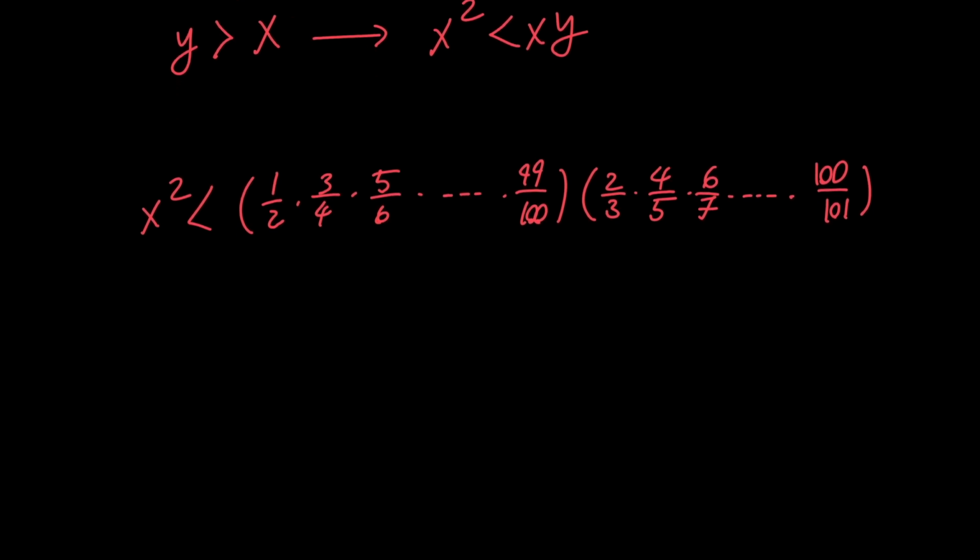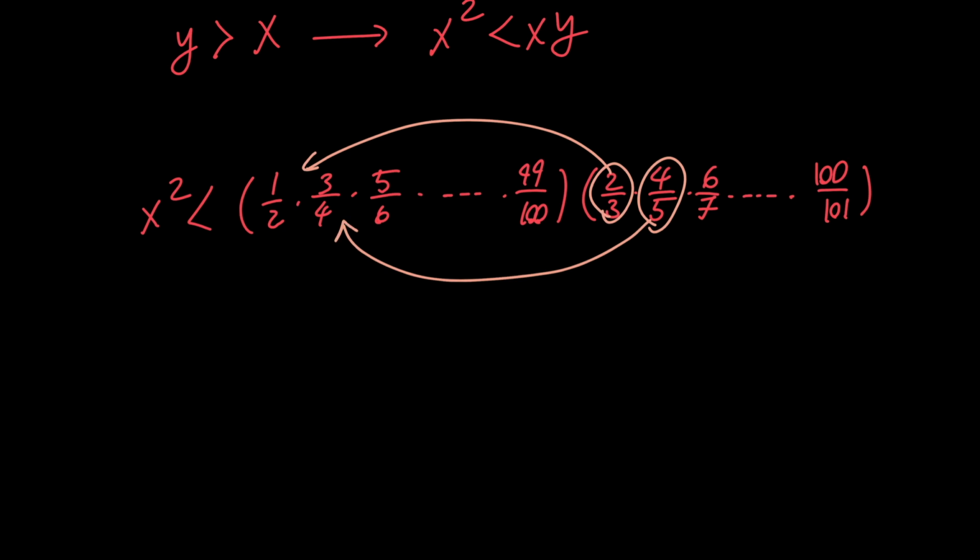Next, in order to multiply these fractions, let's take this and put it between these two, and this between these two, and if we go on with that, we're going to have a product of fractions that will be simplified easily.